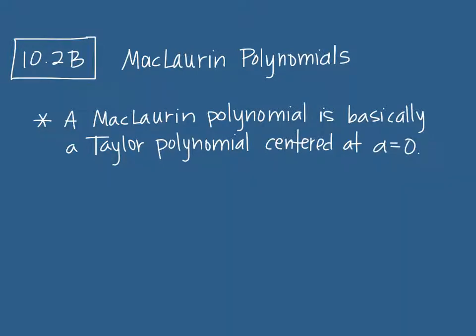So the interval of convergence is centered at 0. Everything's emanating from 0. We've done several of these already. They could be classified as Maclaurin. It is not new.